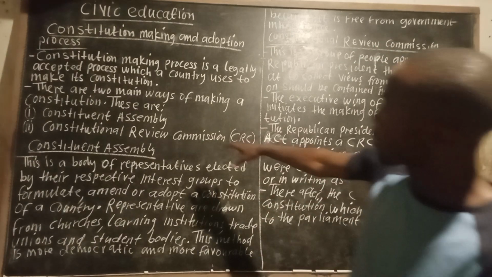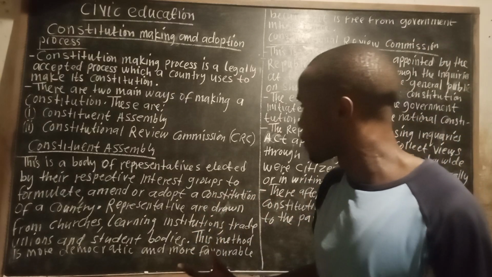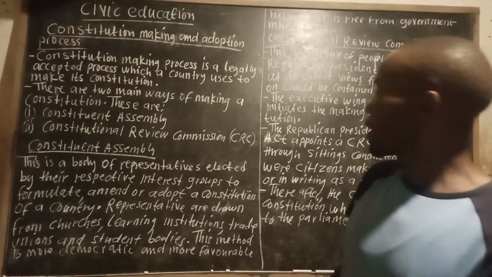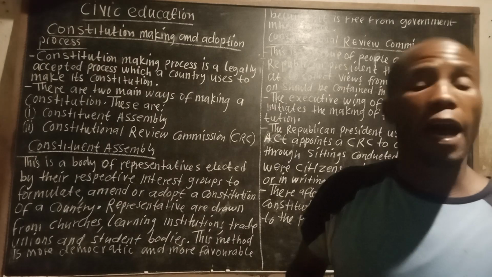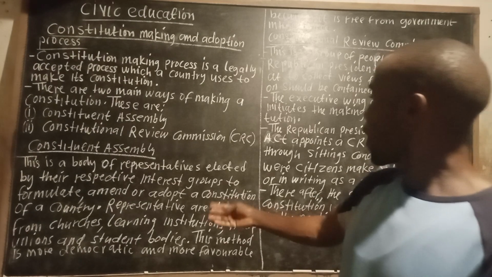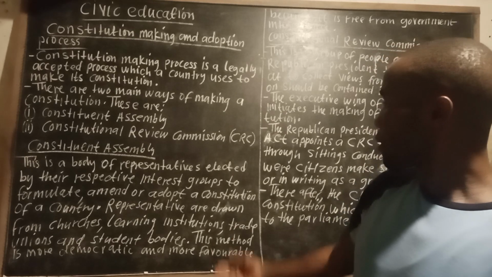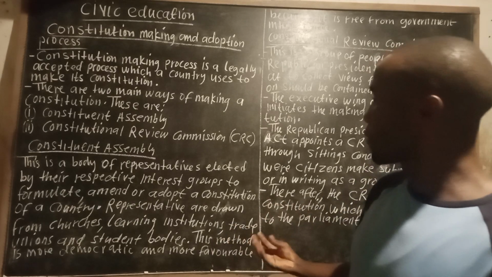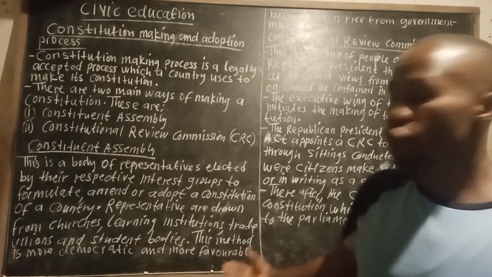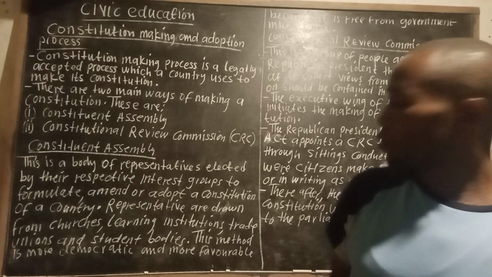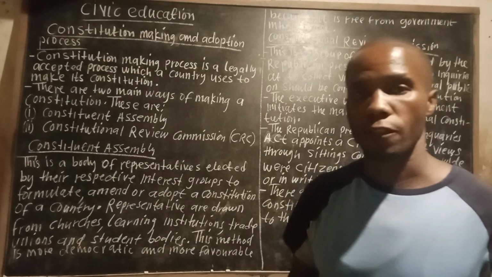To start with the Constituent Assembly, this is a body of representatives elected by their respective interest groups to formulate, amend, or adopt a constitution of a country. The representatives are drawn from churches, learning institutions, trade unions, and student bodies.